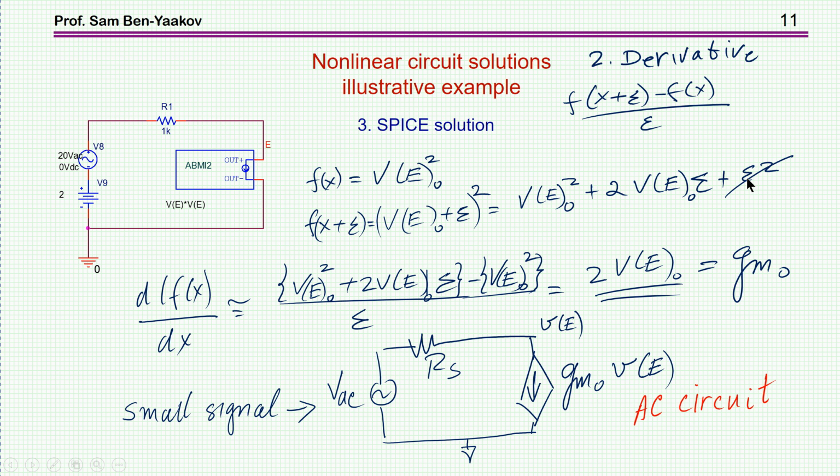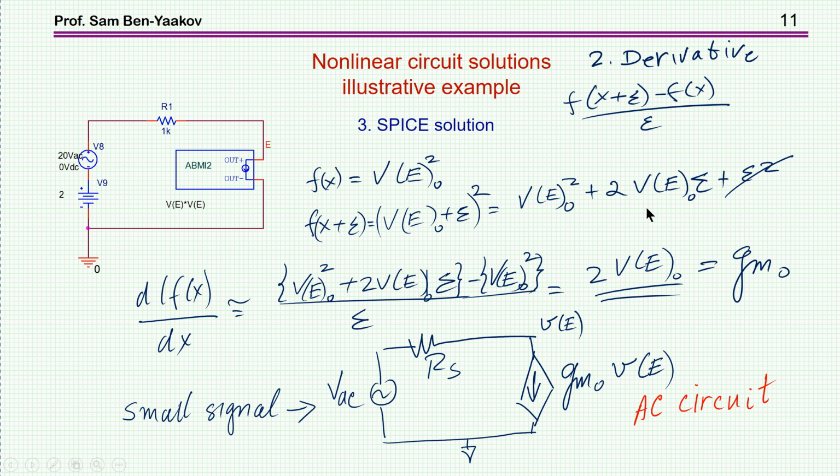Epsilon being a very small number, theoretically in a derivative you assume epsilon goes to 0, and therefore this becomes 0, or in the case of SPICE, it's going to be a very, very small number. So we are going to neglect it.